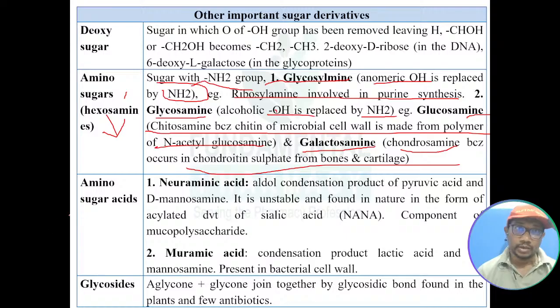Amino sugar acid. तो है न्यूरामिनिक एसिड and muramic acid.